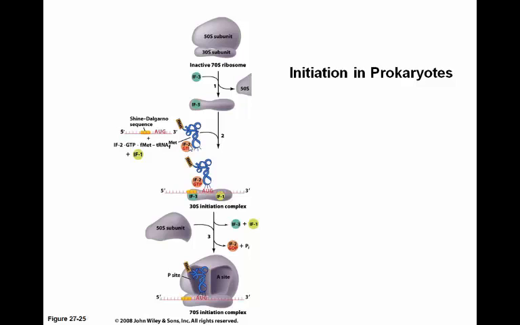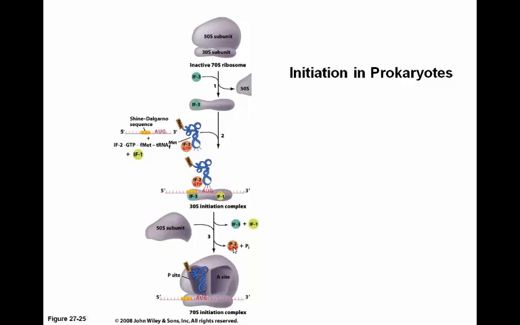And now we've bound the anticodon of this particular tRNA to the AUG of the messenger RNA, and that's our start signal. Upon making this complex with the small ribosomal subunit and the tRNA, the 50S subunit binds, and our initiation factors and GDP and inorganic phosphate leave.